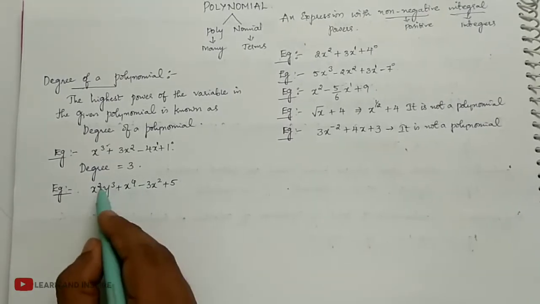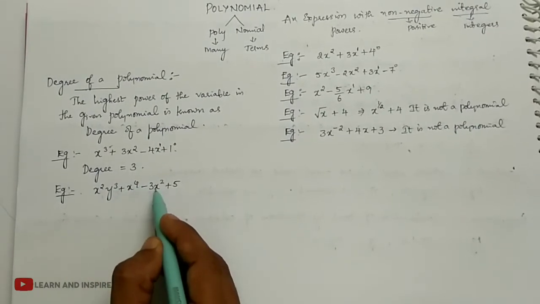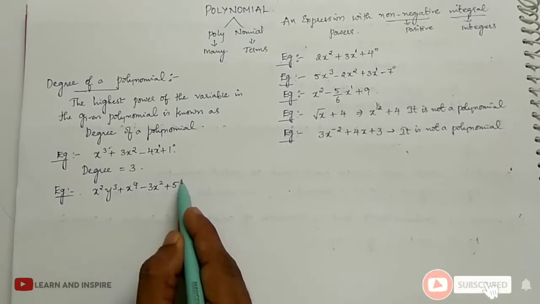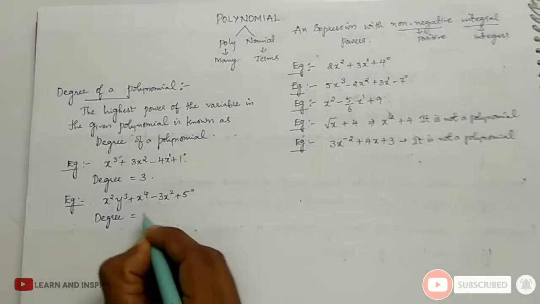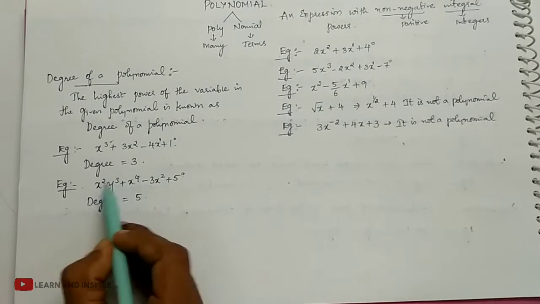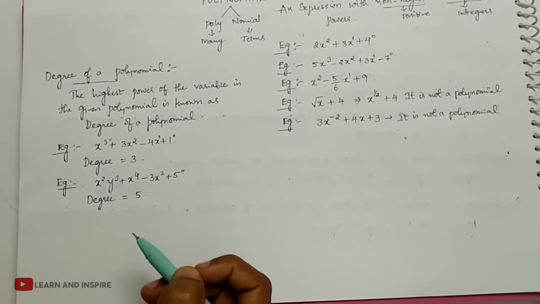Here we have 2 variables and we need to add the powers: 2 plus 3 is 5, and in the second term we have 4, in the third term we have 2, and the last term we have 0. So what is the highest degree? The degree is 5. So the highest degree is 5.